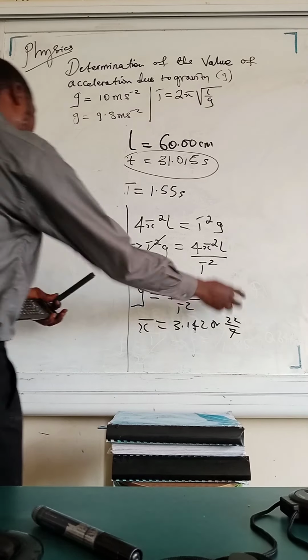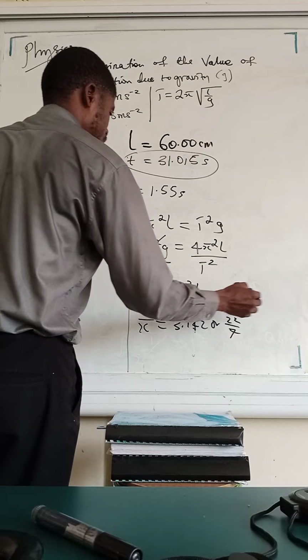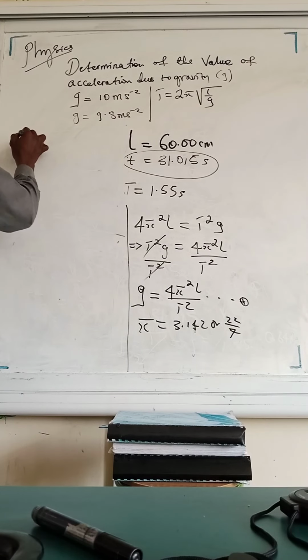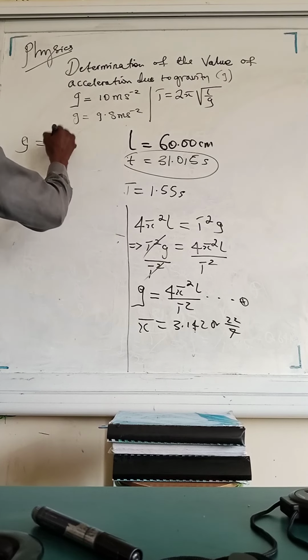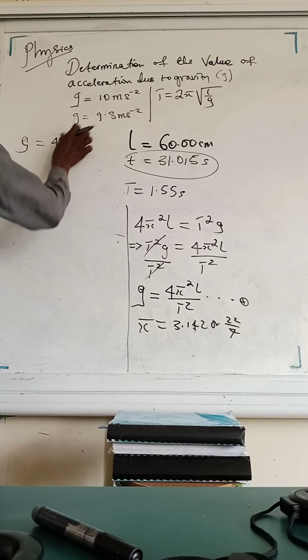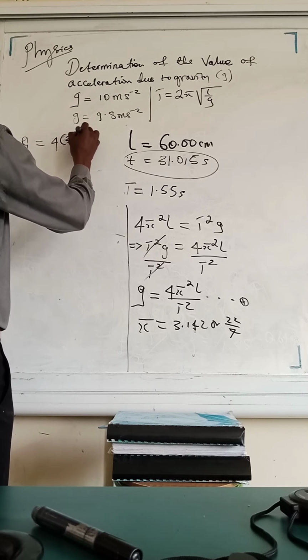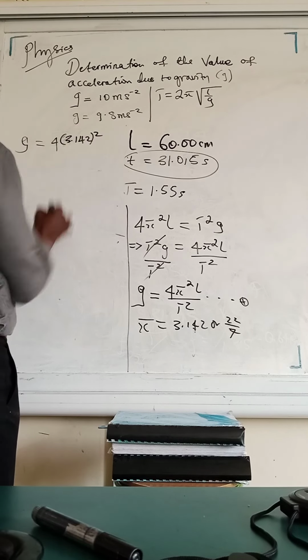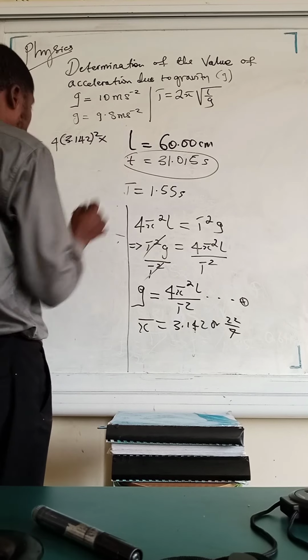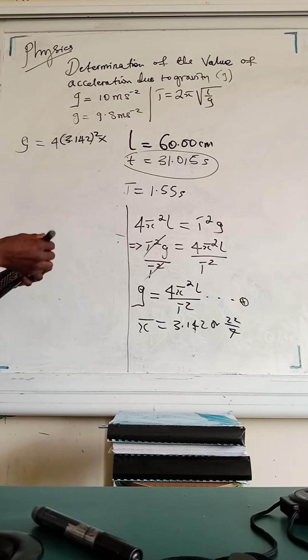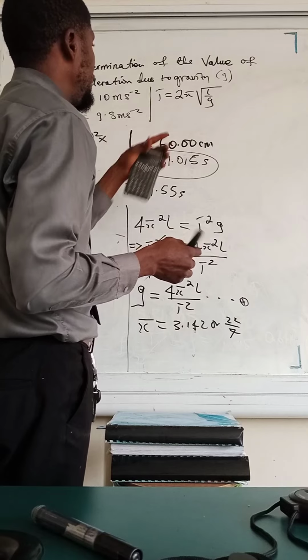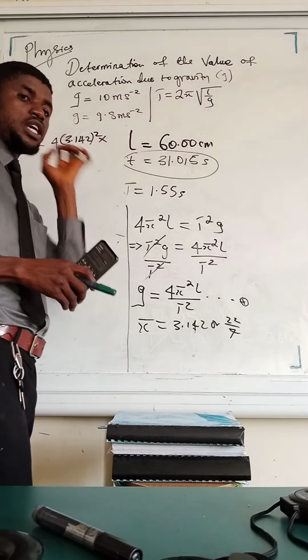So if G is this, you can call this equation star. Your G is given as 4 times 4 open brackets 3.142, you square this, times L. Mind you, we are not going to use 60.00 cm.